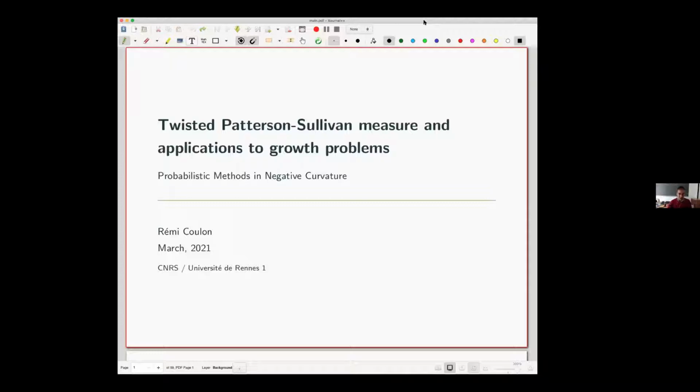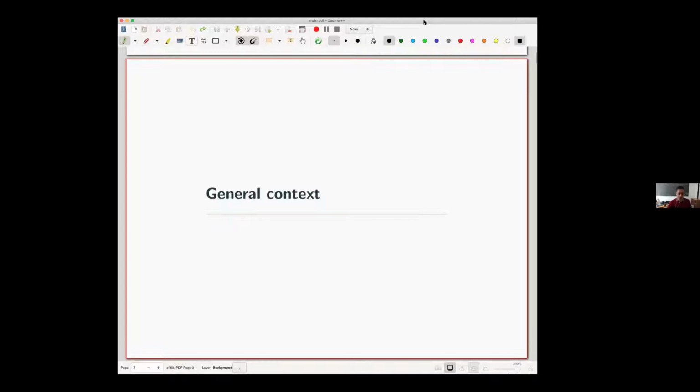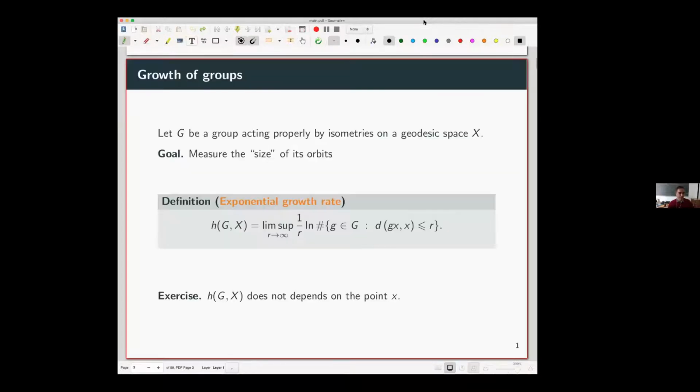Okay, so let's begin. Here is the general context of the topics I want to speak about. You start with a group which acts properly by isometry on any nice space. And you'd like to measure the size, roughly speaking, of its orbits.